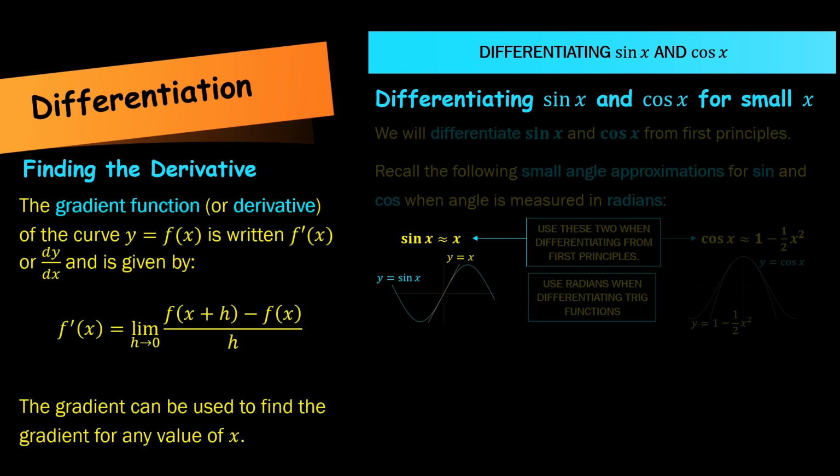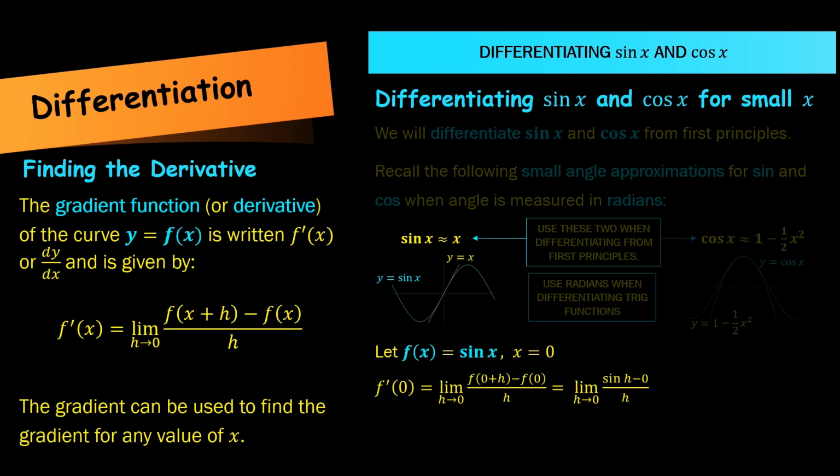If we want to differentiate sin x close to 0, we let f of x equal sin x and x equals 0, and then apply this to our formula for f dash of x, as shown here.